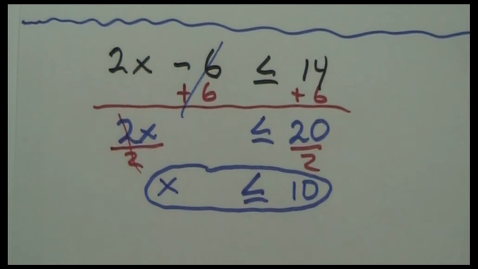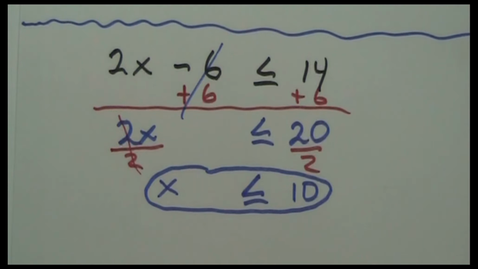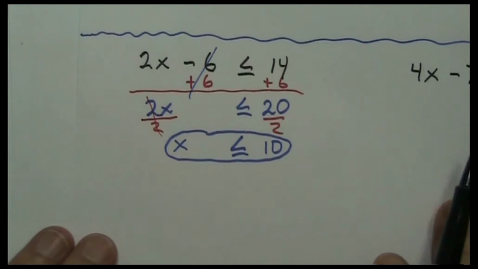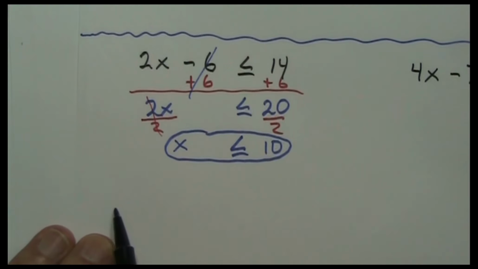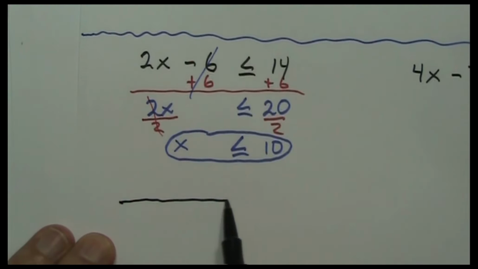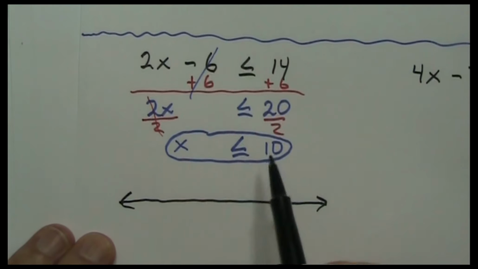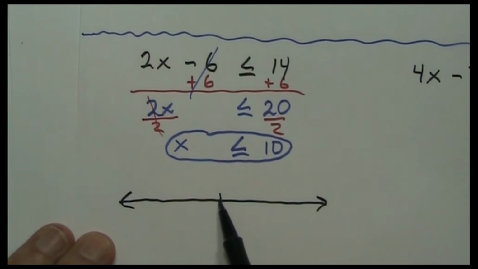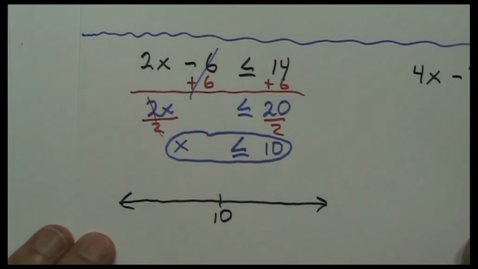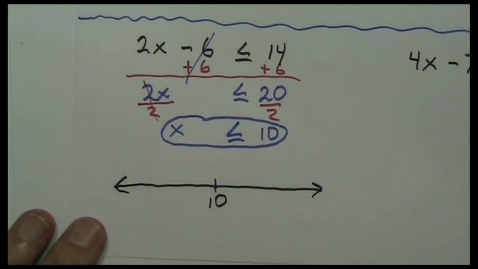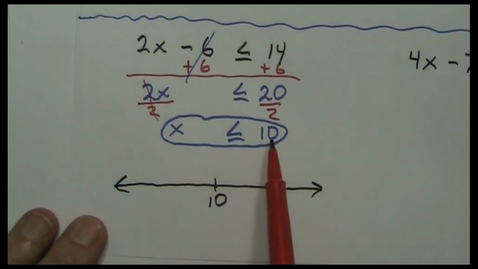All right, let's go ahead and graph this very quickly. All we're going to do is just use the number 10. So, line there, and I'll just put number 10 right here. All right, so we said that it is equal to 10 or less than 10.